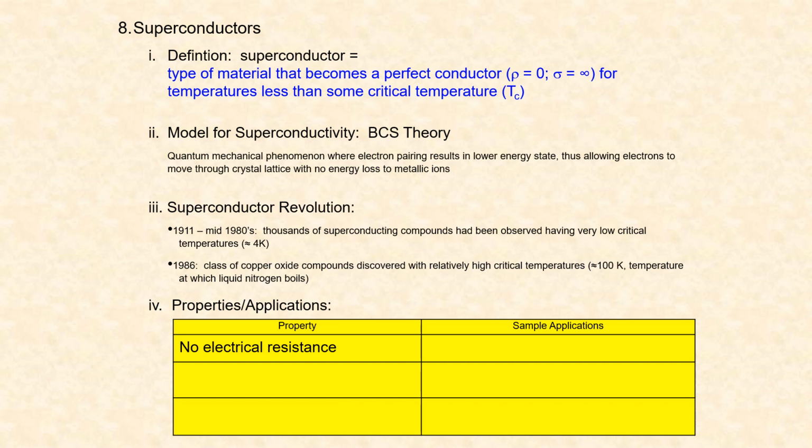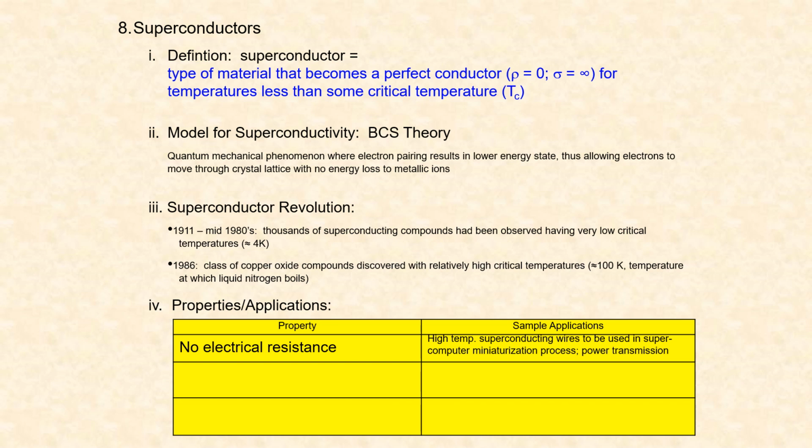So the most obvious property, which comes from the name, is that superconductors have virtually no electrical resistance. So a high temperature superconducting wire can be used in supercomputing miniaturization. This is actually used today.